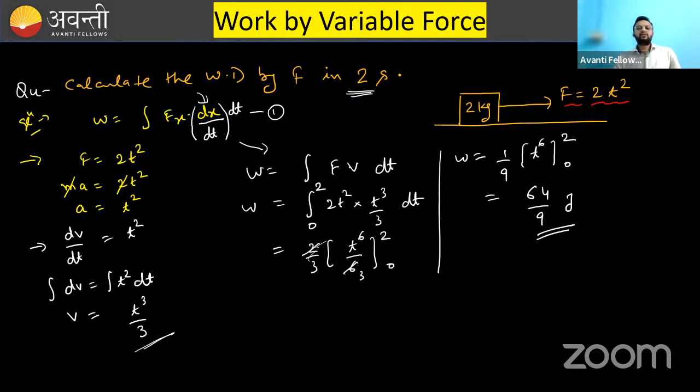This is the situation when force is varying with time. What you need to remember for the rest of the chapter, till the exam, is that dx needs to be replaced, and this can be done by multiplying and dividing by dt, and for that we need dx over dt. So we have calculated that dx over dt.